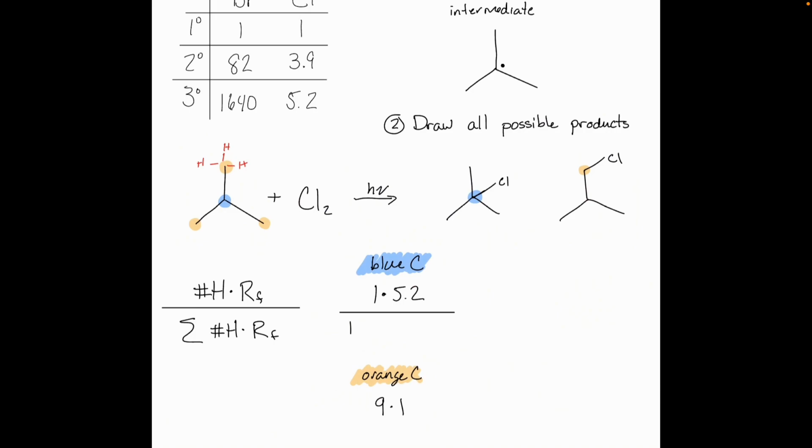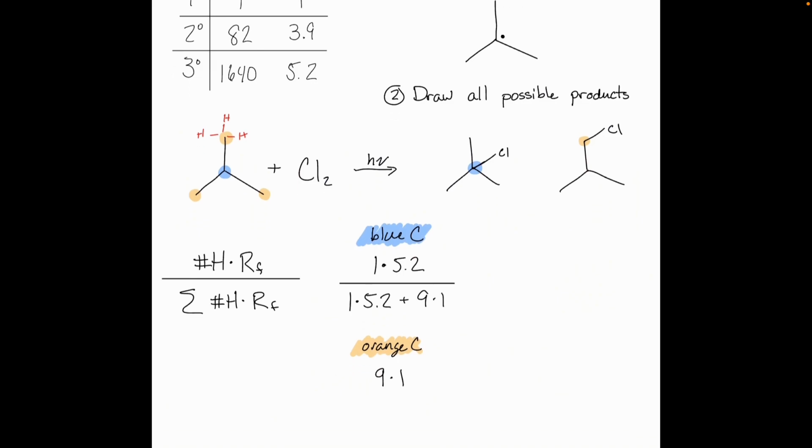So then when I sum it up, it's going to be the 1 times 5.2 plus the 9 hydrogens in group 1 times 1.